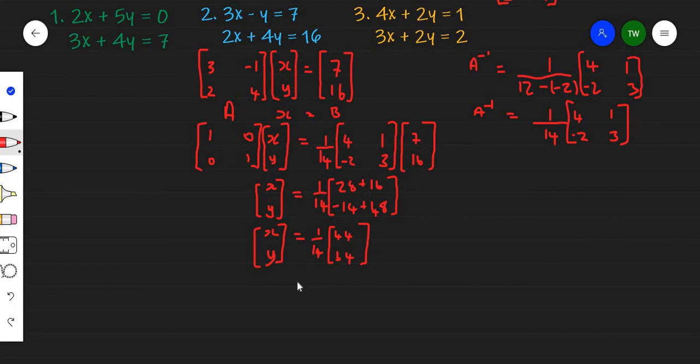Alright. So all I need to do is to multiply each term here by 1 over 14. So on this side, I'm going to be left with xy.